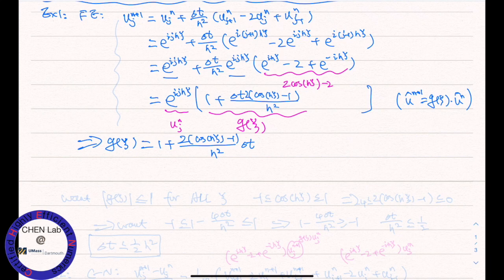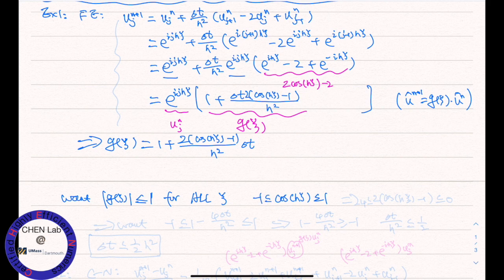And we want the absolute value of G c to be less than or equal to 1, again for all c. How do we do that? We know that our cosine h c is between 1 and negative 1.